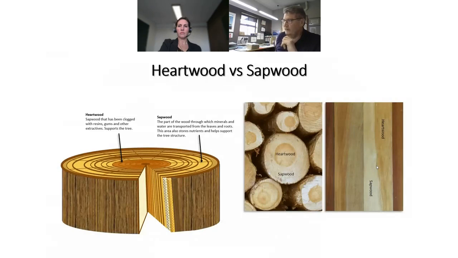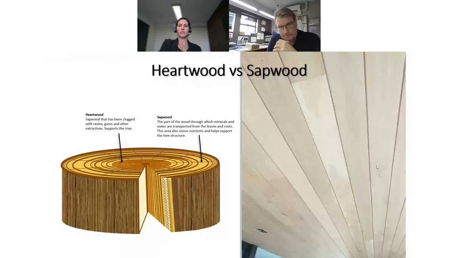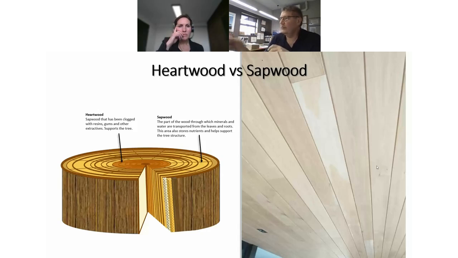Now, this is a photo of a complaint against Resene, and this is in the ceiling, and somebody's put this beautiful timber in the ceiling, and they put some clear water-based polyurethane on it, and their complaint is, look what your polyurethane did to my timber.